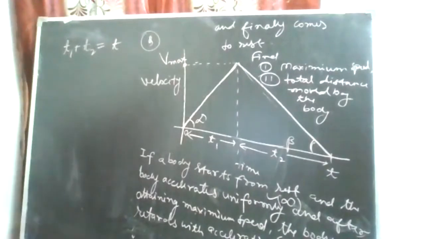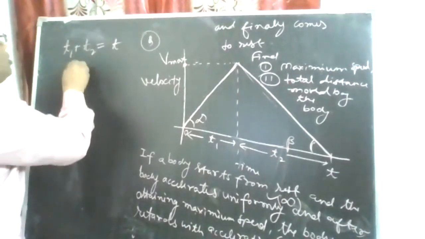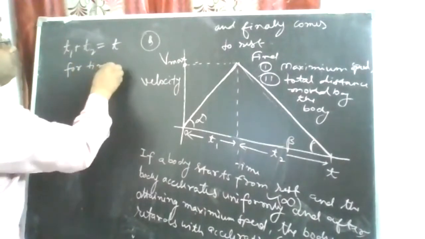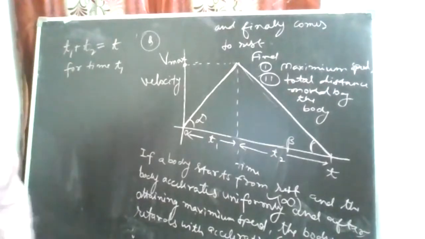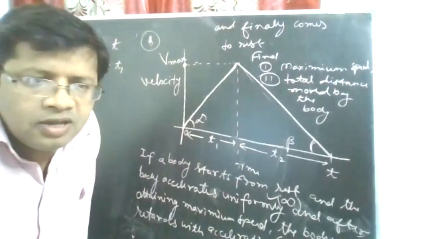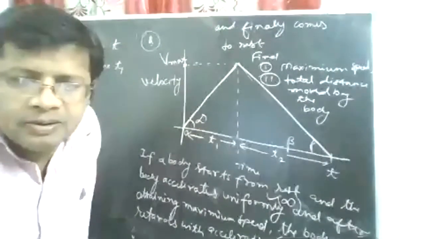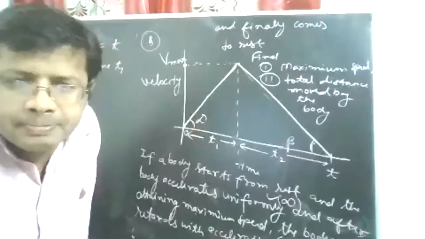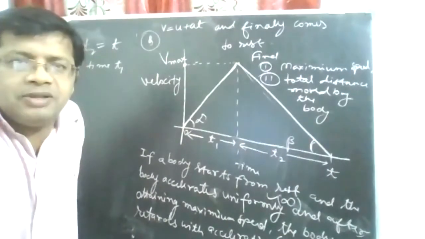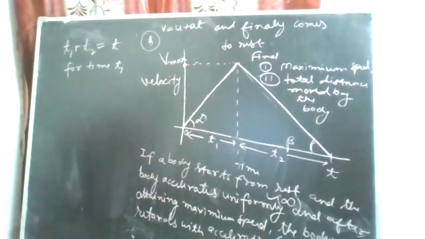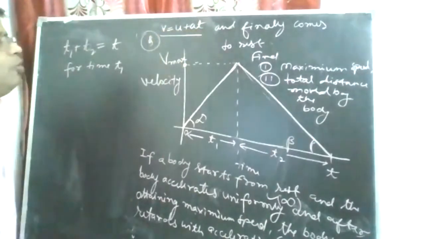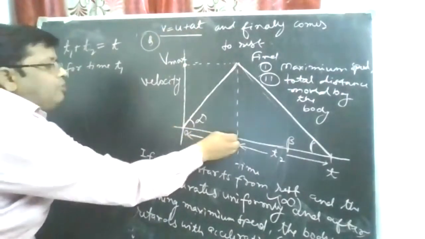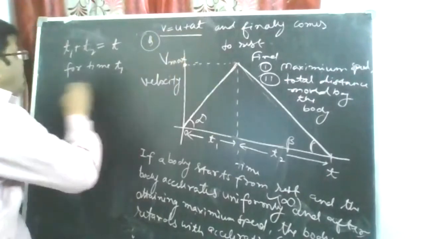Beta, first tell me the equation of motion for time t1. Yes beta, I will explain this one. Now see here, for the time interval from 0 to t1, according to the formula v equals u plus at: what is the final velocity?